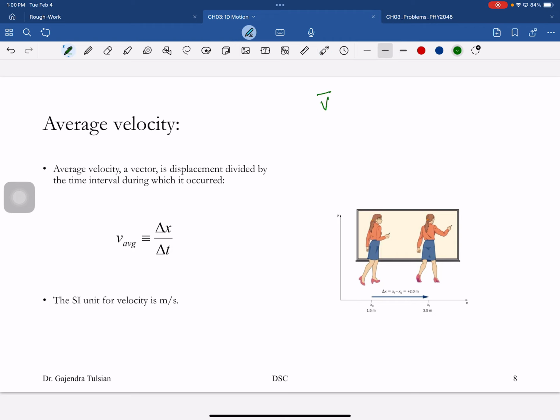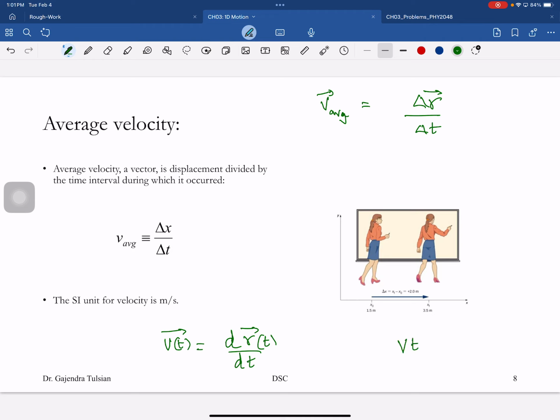And in 3 dimensions, that'll change to displacement over time, okay? But again, we will be interested in instantaneous velocities, okay, which will be the derivative. And again, that'll come in the next chapter, but that's what we'll be interested in.